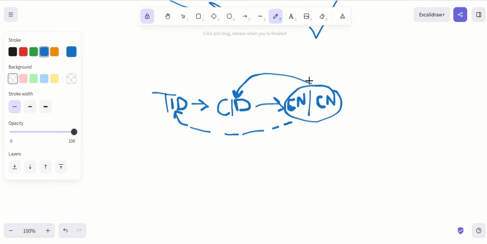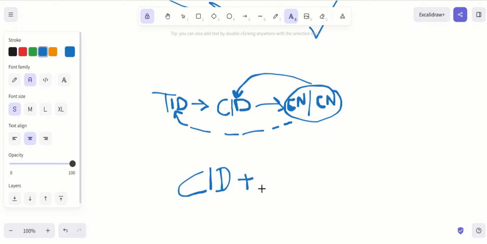So we're going to have another table which will have the customer ID plus the non-key values depending on it directly.